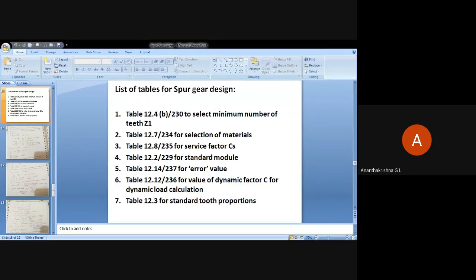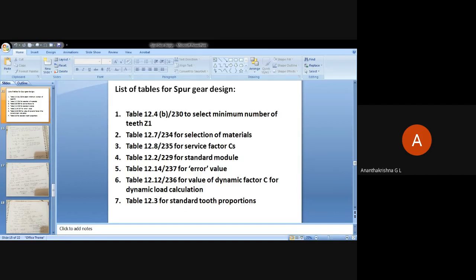What is the table number for error? It is 12.14. Say, for example, if the velocity is 6, the value of error is 0.059, and I approximate it to 0.06.